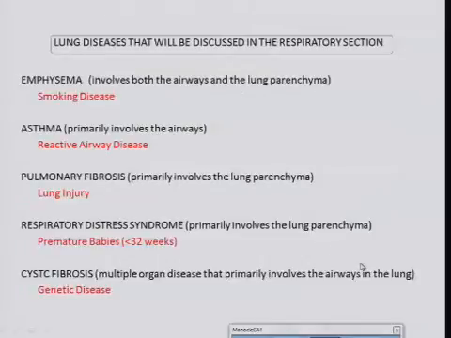Here are some of the diseases that we're going to talk about. This certainly is not all of them, but it's important that you understand these and become familiar with these diseases because we will mention them several times in different respects. So to give you a basic understanding, we talk about emphysema. It involves both the airways and the lung parenchyma. Lung parenchyma is basically the tissue that surrounds your airways and the pulmonary vasculature.